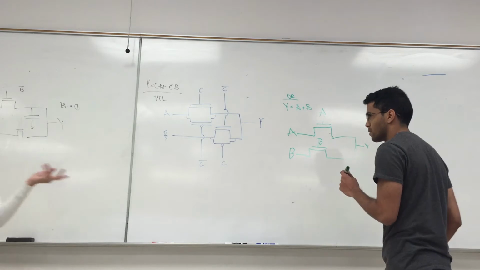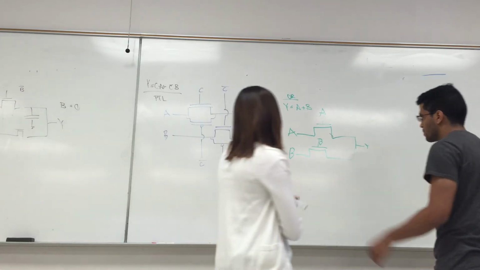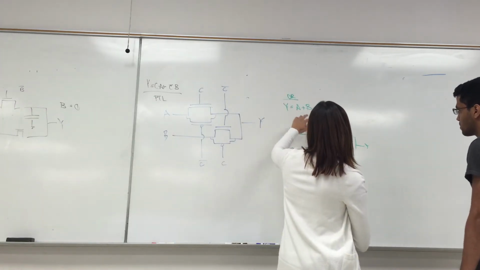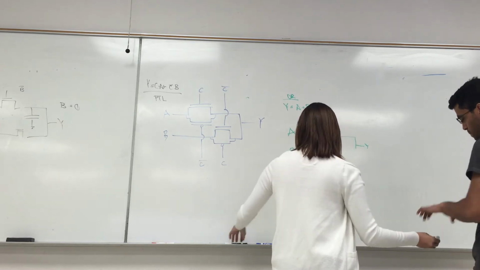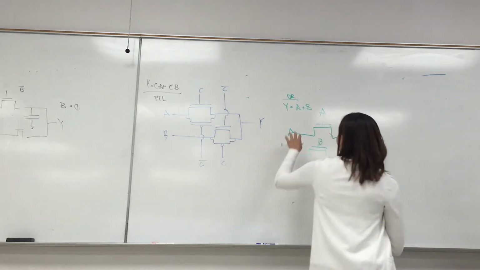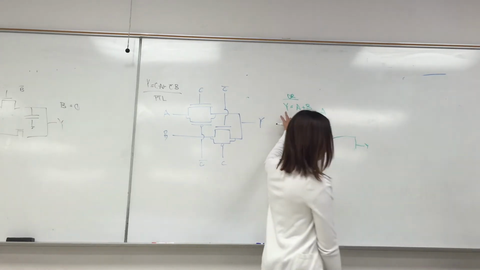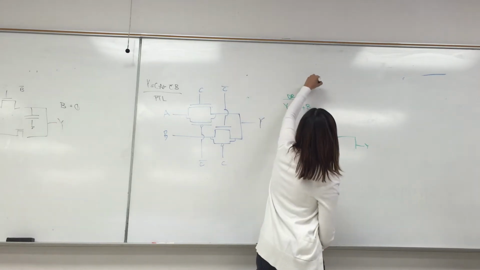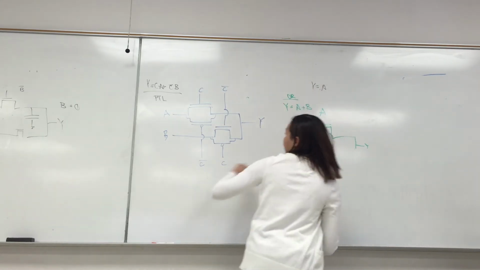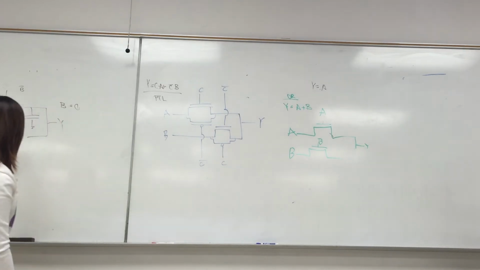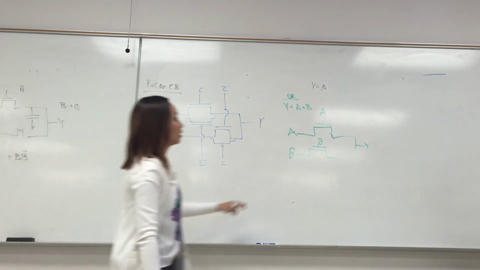So I could give you a hint. All right, we know we have to do something here. Let's switch colors. Let's say it has to do something with here, and we have to make some logic, like this one has the logic of B NOT. So we have to do the same thing here.